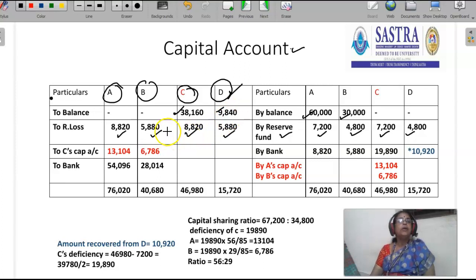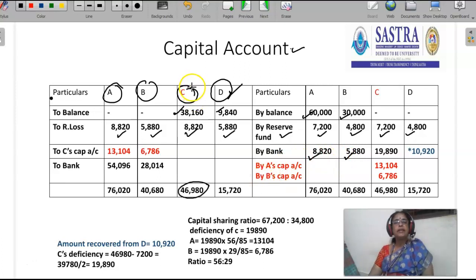So A and B should bring cash equivalent to their realization loss. So bank account debit to A's capital: by bank, A brings 8,820, B brings 5,880.